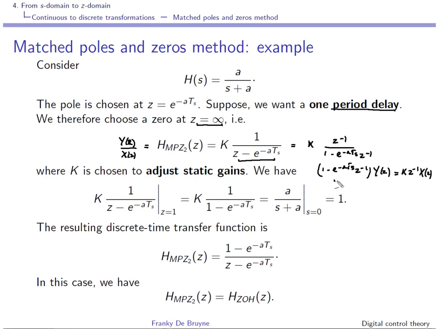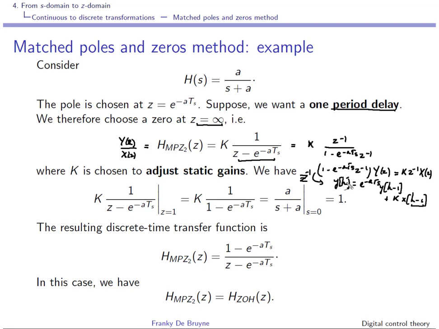So y[k], if you do the inverse z-transform, will be, taking it to the other side, the exponential of minus aTs y[k-1] plus k x[k-1]. So clearly there is a delay of 1 in here.